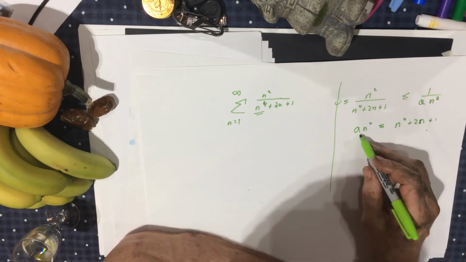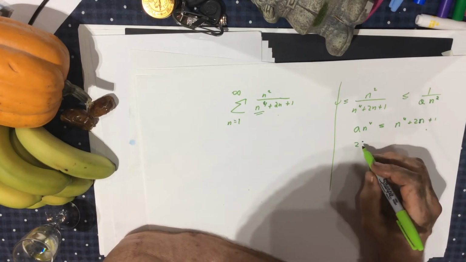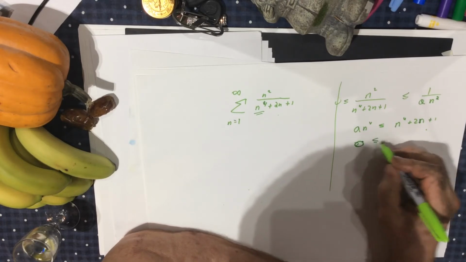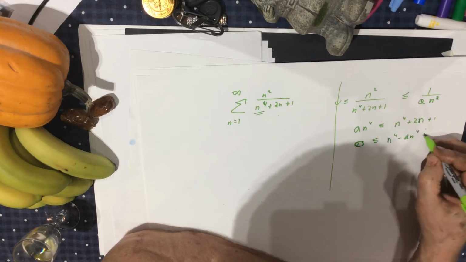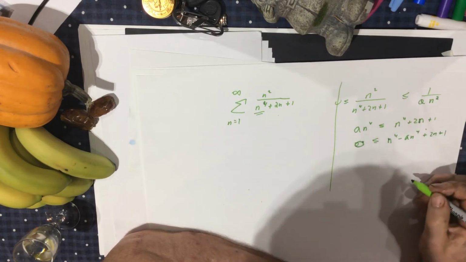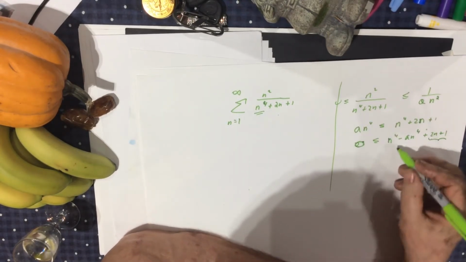And so I'll just put 0 less than or equal to n to the fourth minus a n to the fourth plus 2n plus 1. Now, this is already positive.